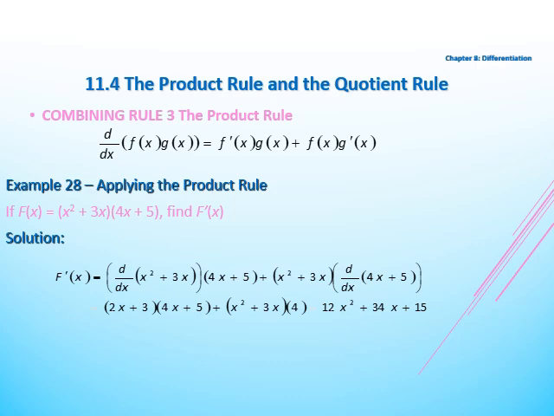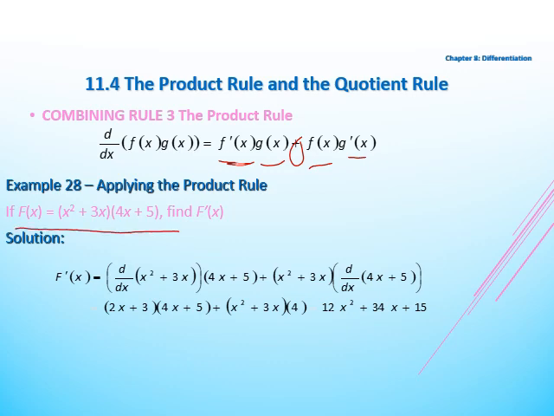First is the product rule for differentiation, which is the derivative of the first function times the second function without differentiation, plus the first function without differentiation times the derivative of the second function.